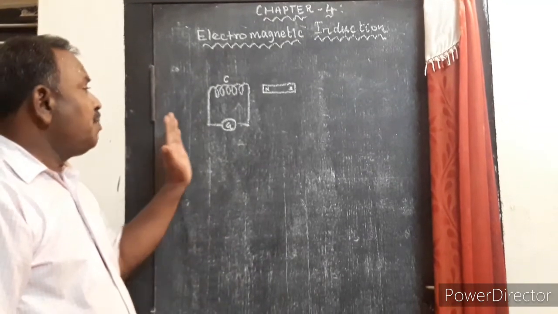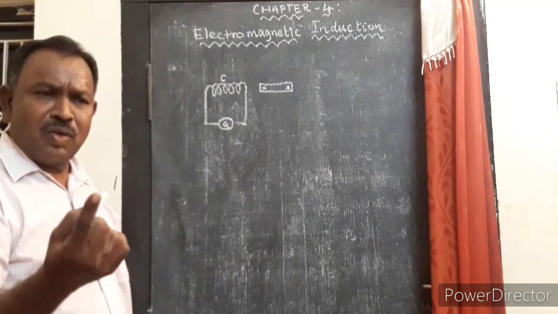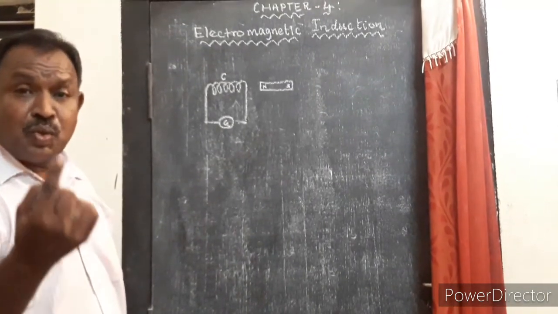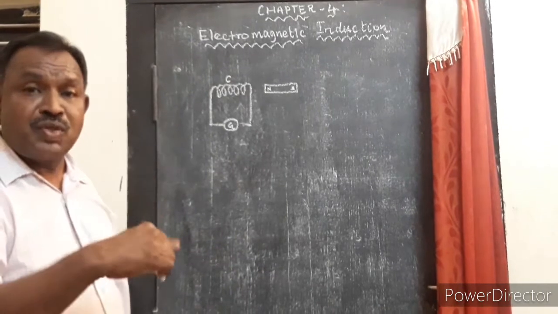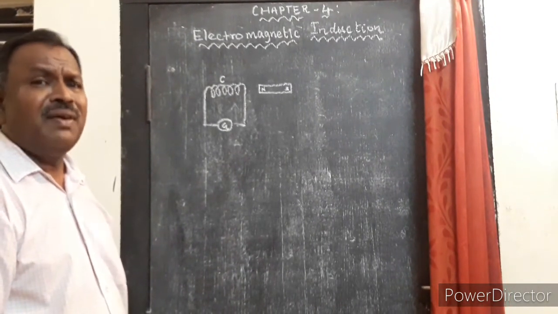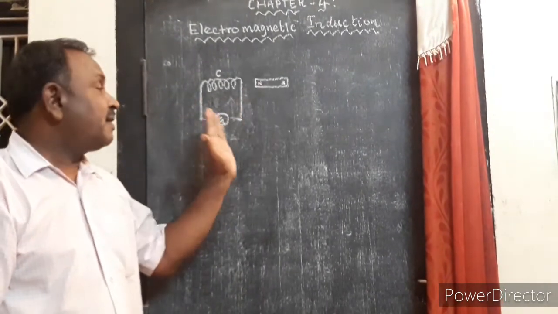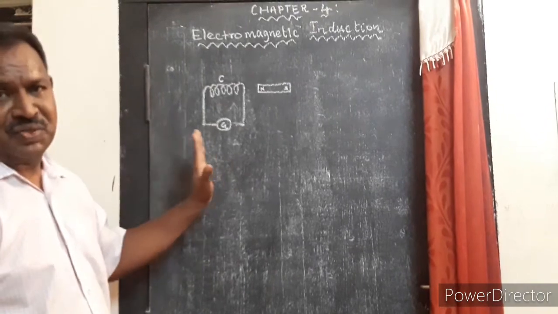Similarly, when I move the magnet away from the circuit, at that time also the galvanometer shows deflection in the opposite direction. So whenever there is motion of the magnet, the galvanometer shows deflection.